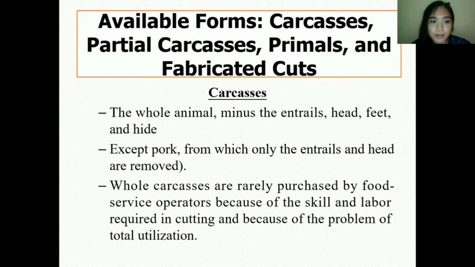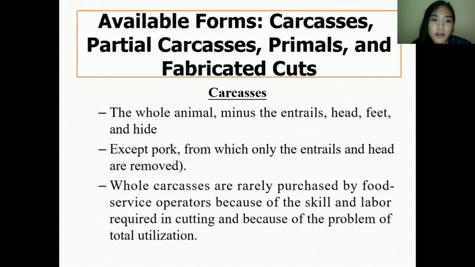Then, next are the available forms of the meat, which are the carcasses, partial carcasses, the primals, and the fabricated cuts. The carcass is the whole of the animal, minus the entrails, the head, the feet, and the hide. The hide is a natural part of meat production, where it can be tanned and made into a wide variety of products.